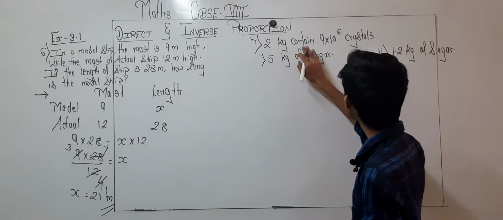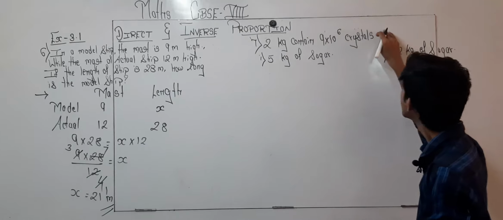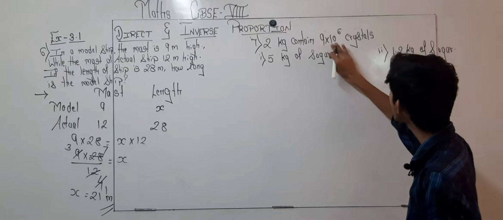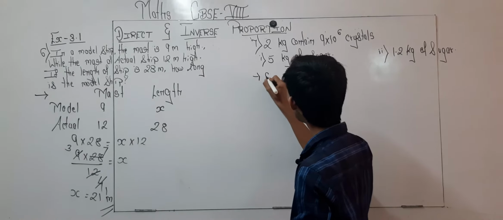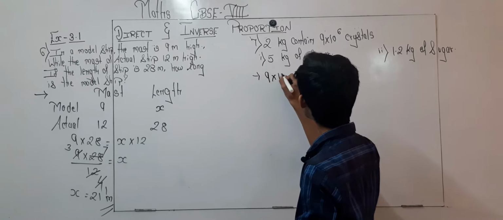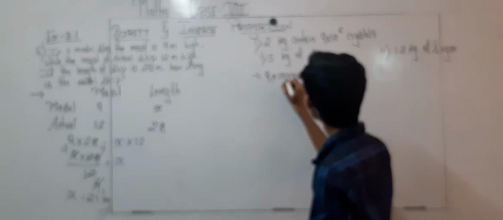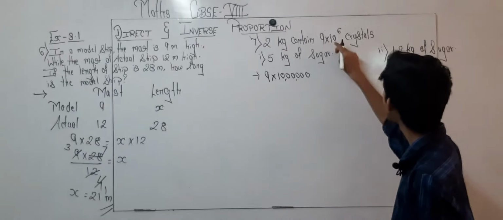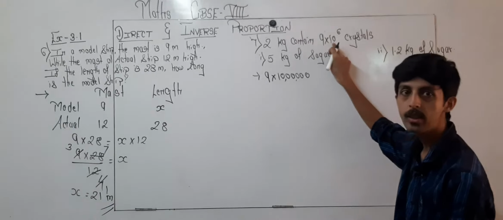2 kg contains 9 into 10 raised to 6 crystals. Now what is the meaning of 9 into 10 raised to 6? Over here I can write it as 9 into 10 lakh. See, 10 raised to 6 means we are done with our powers and exponents concept, so it will be easy for you.